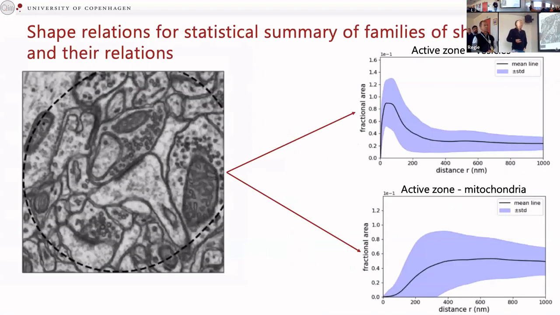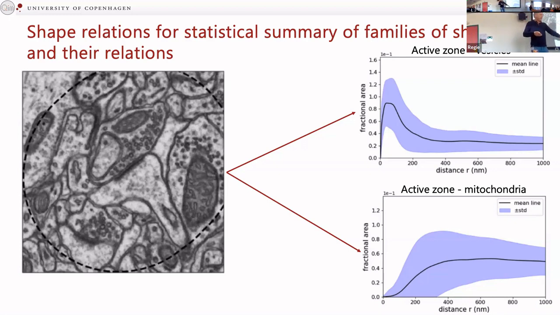And for this case, this gives, well, first of all, for the vesicles are round, so that works well with points anyway. And from this, we can clearly see from this fractional curve that there's a build-up of vesicles in the synapse, which is not a surprise, but we could also look at other things like where do we typically observe the mitochondria in relation to the active zone here.